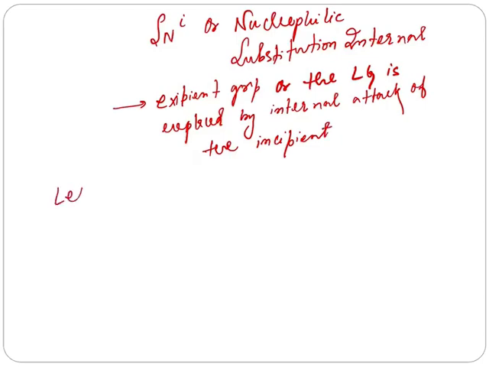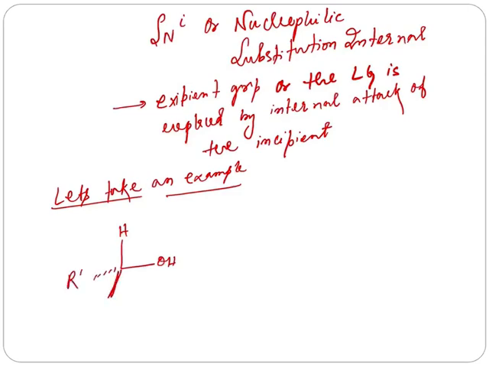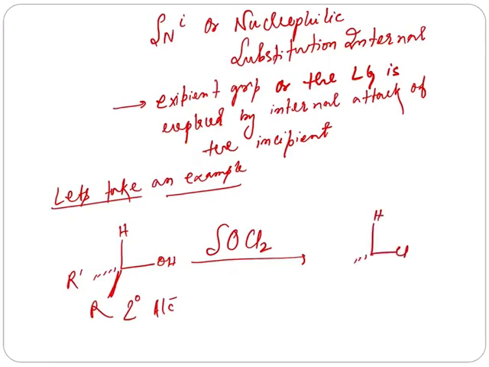So let's take an example. Suppose this is second degree alcohol, or 2 degree alcohol, and if we treat it with thionyl chloride, we will get the SNi product.